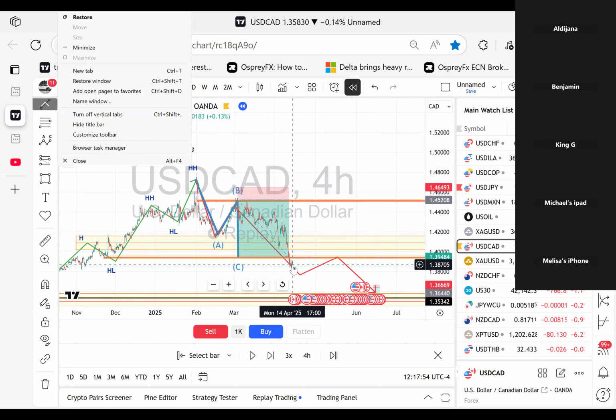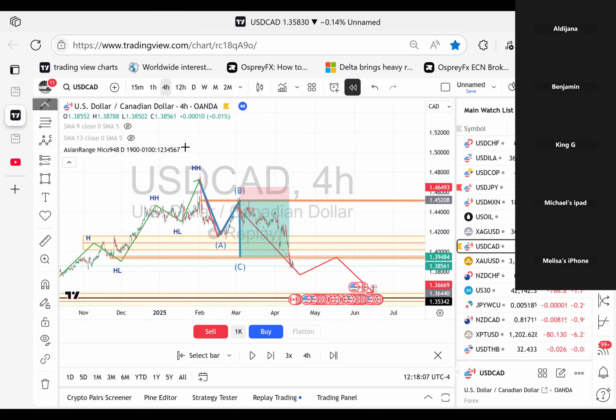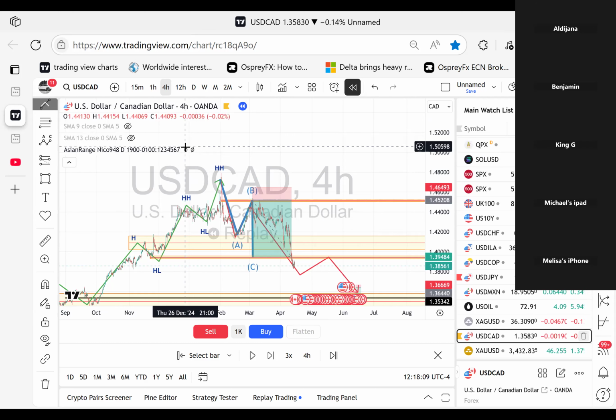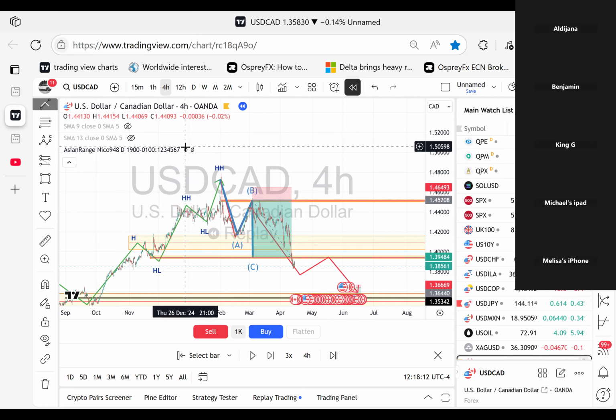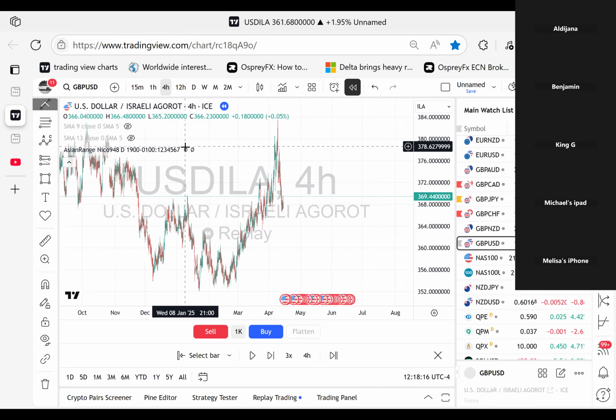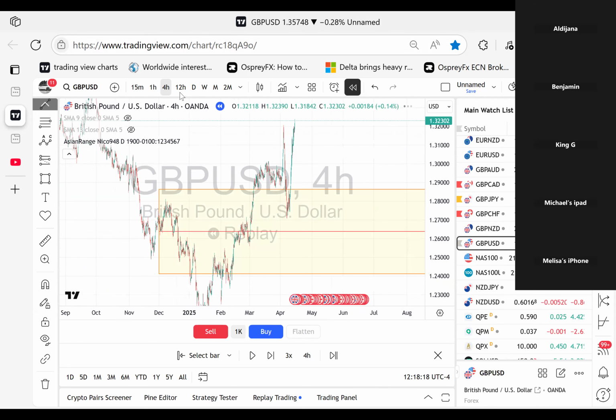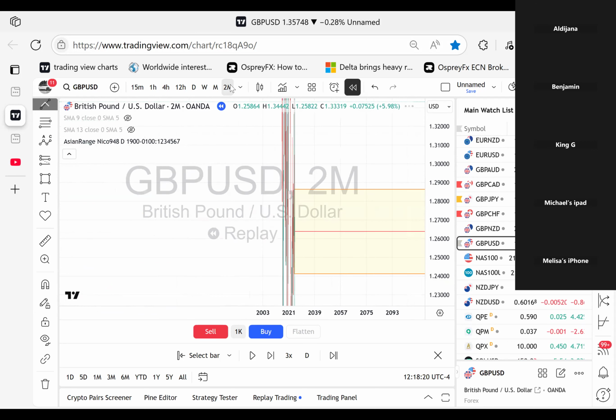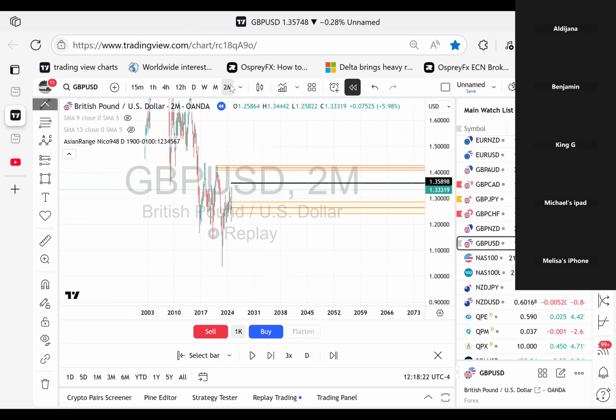We don't always have to be 100% accurate, but it gives us an opportunity to take part in the trade. So let's go look at order blocks. Doesn't matter what time frame.